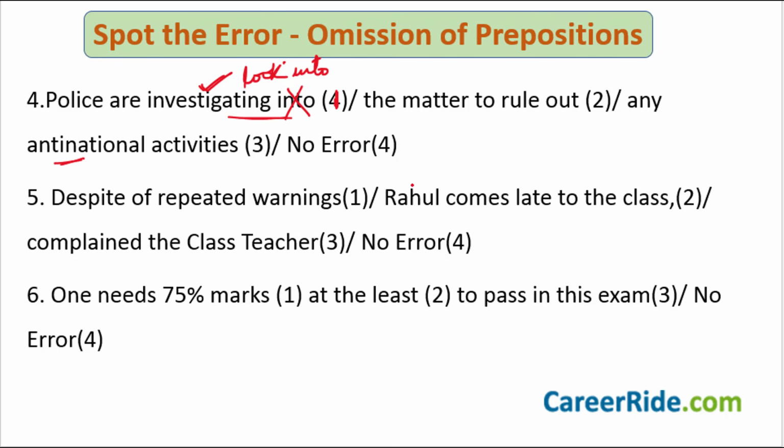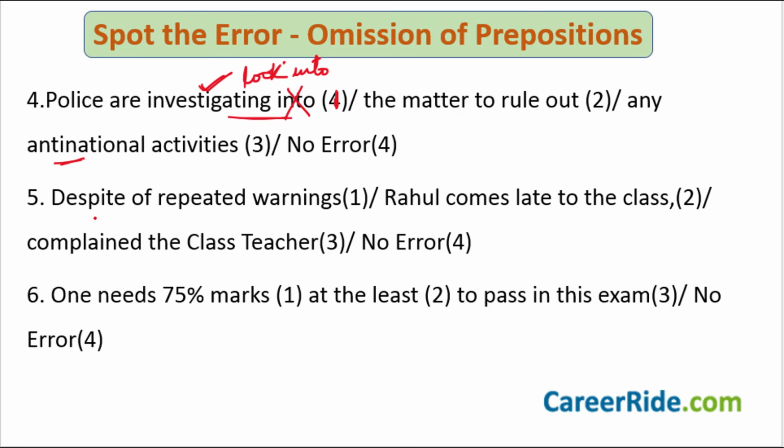Despite of repeated warnings, Rahul comes late to the class, complained the class teacher. So Rahul is a student and he comes to the class late, and the teacher is fed up of that, so they complain to their parents that your son comes late to the class. But the first part of the sentence has an error in it.